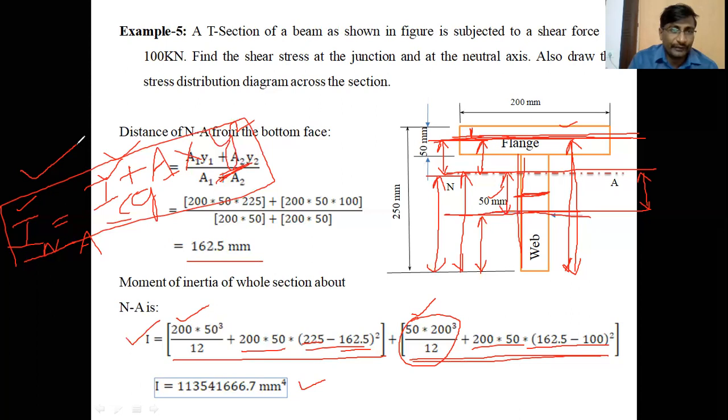You have to recall it from your engineering mechanics knowledge. There also we used the parallel axis theorem to calculate the moment of inertia about another axis if we know the moment of inertia about CG. Clear, students? So this is the parallel axis theorem.